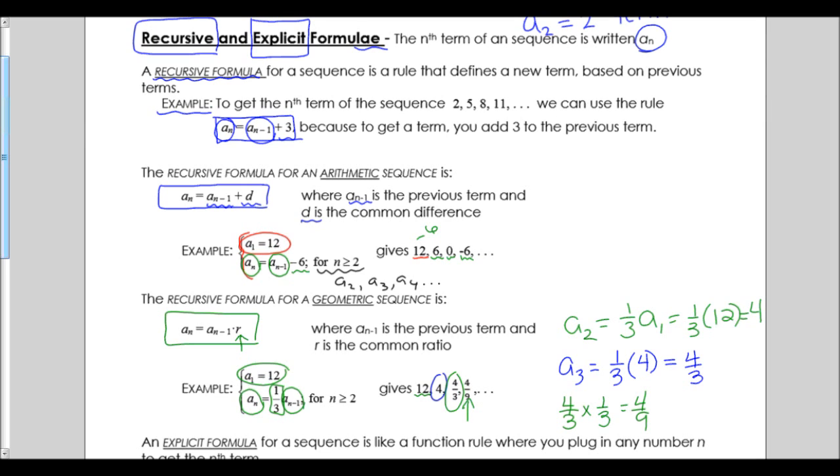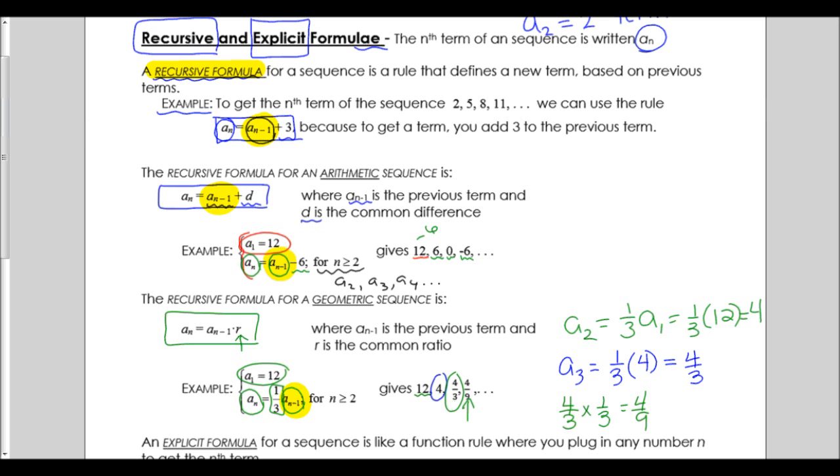So every time, what am I doing? I'm multiplying by 1/3. So these were recursive formulas. Again, the thing that makes a recursive formula sort of pop out to you is this a sub n minus 1. All recursive formulas are going to have an a sub n minus 1 in them.